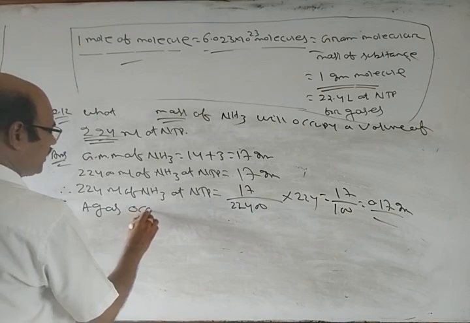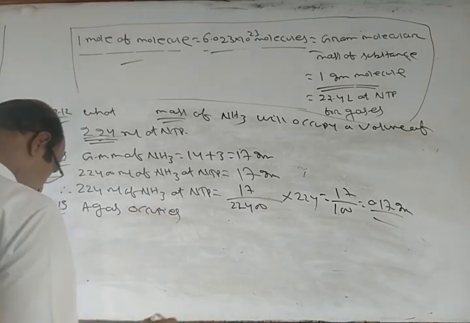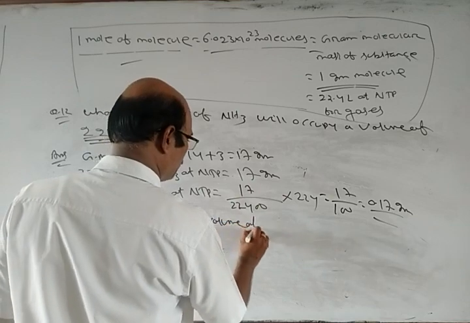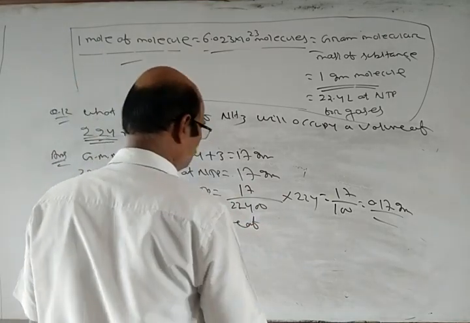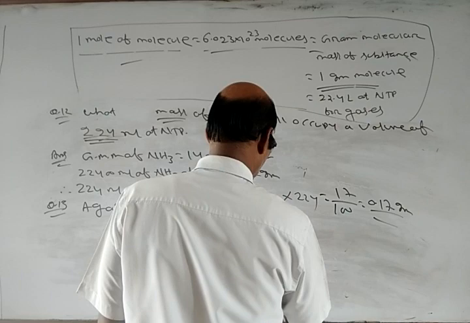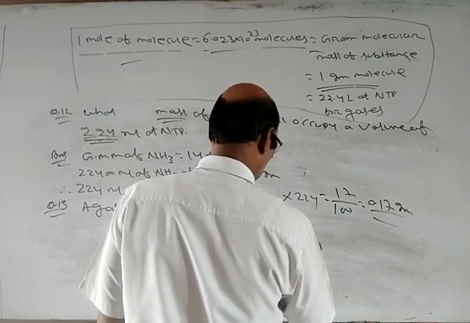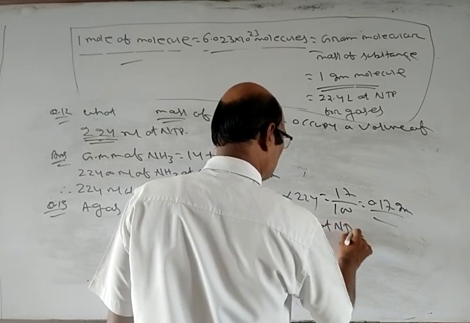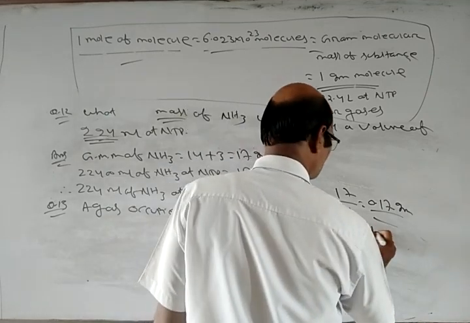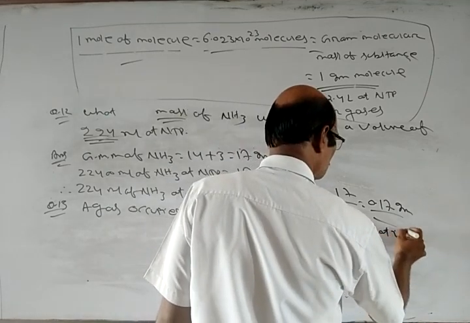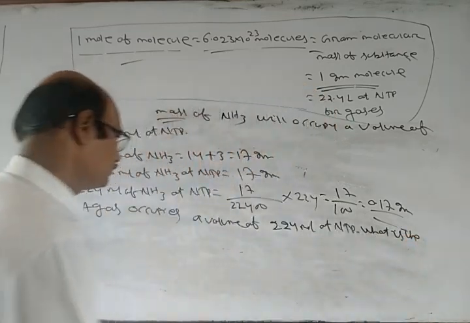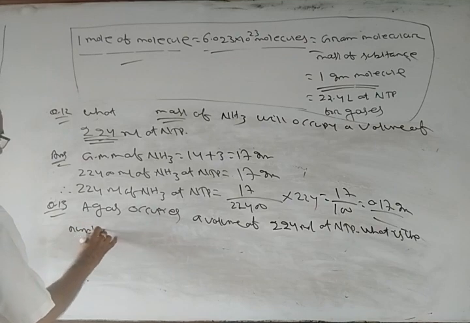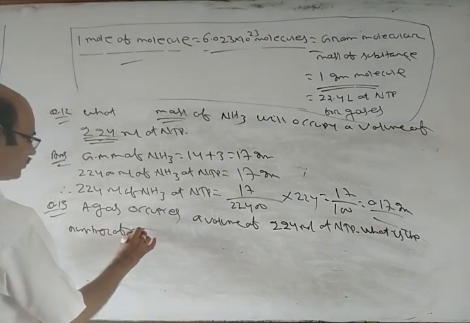A gas occupies a volume of 224 milliliter at NTP. What is the number of molecules?